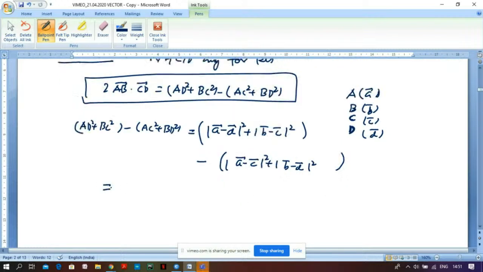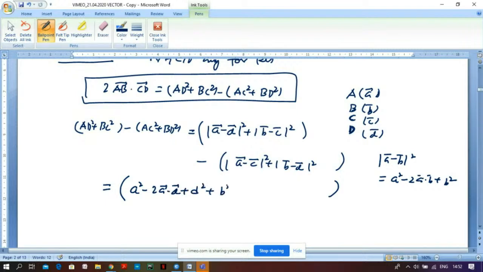Now, all that is left is to simplify. We already know that modulus of A minus B squared is A squared minus 2A dot B plus B squared. So I can write this as A squared minus 2A dot D plus D squared. This is B squared minus 2B dot C plus C squared.